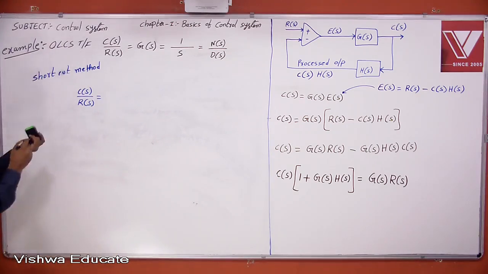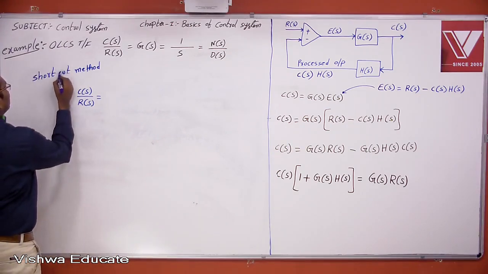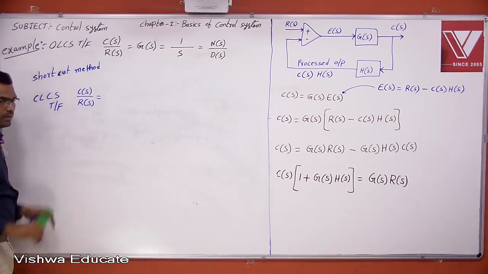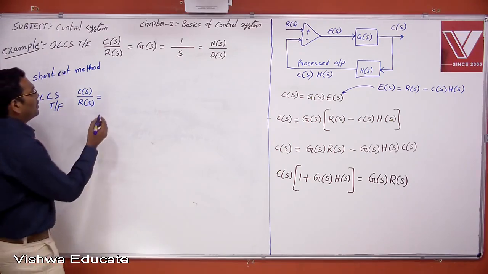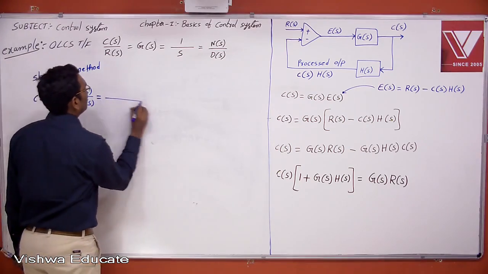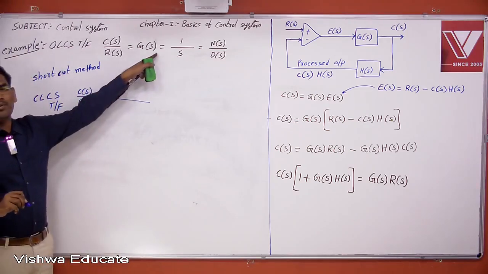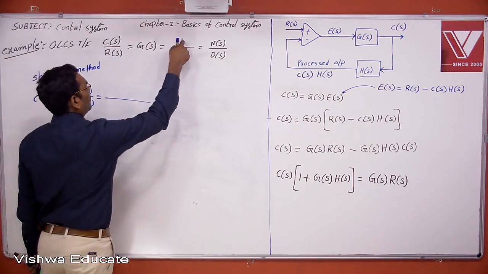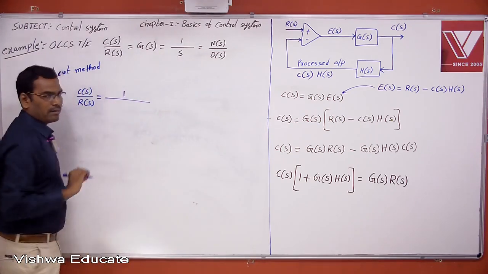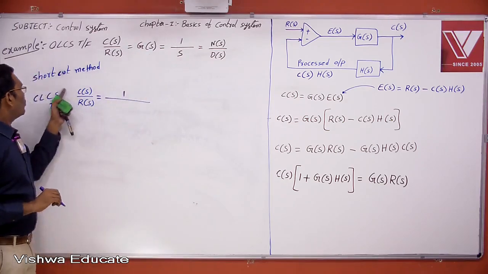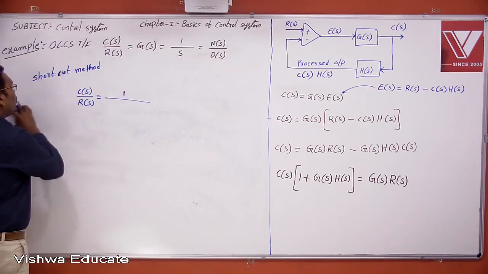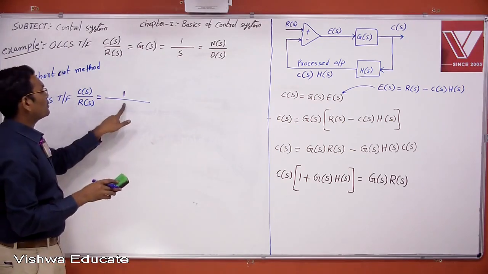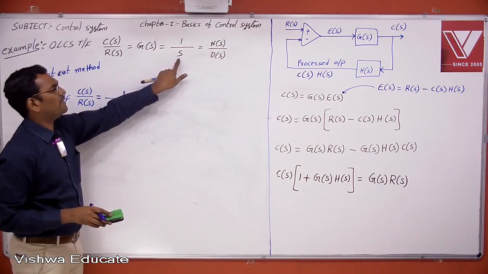Now from here, the shortcut method is: I want the closed loop control system transfer function. What is the closed loop transfer function? See here, this also has a numerator. The closed loop numerator is the same as the numerator of the open loop.